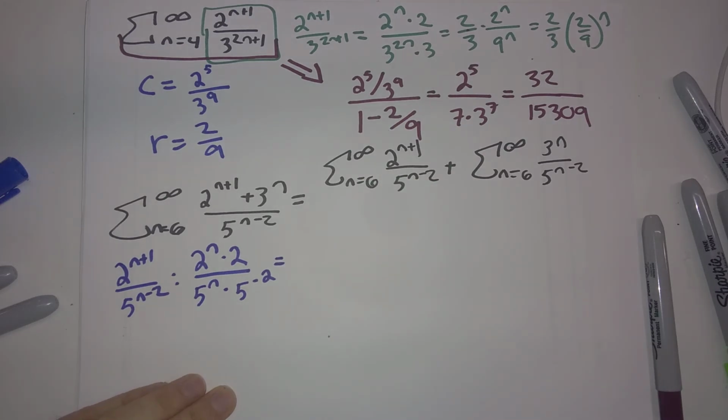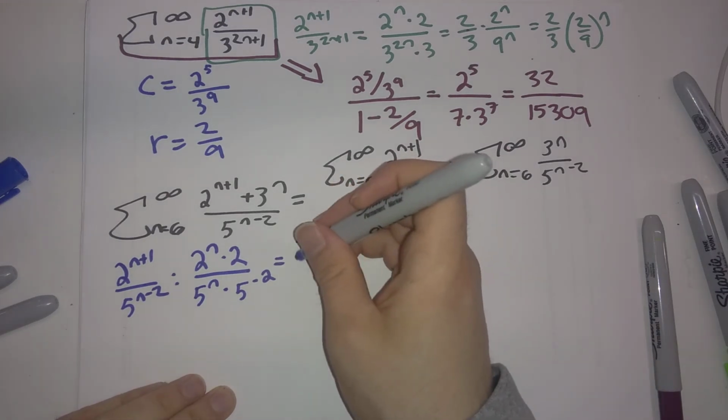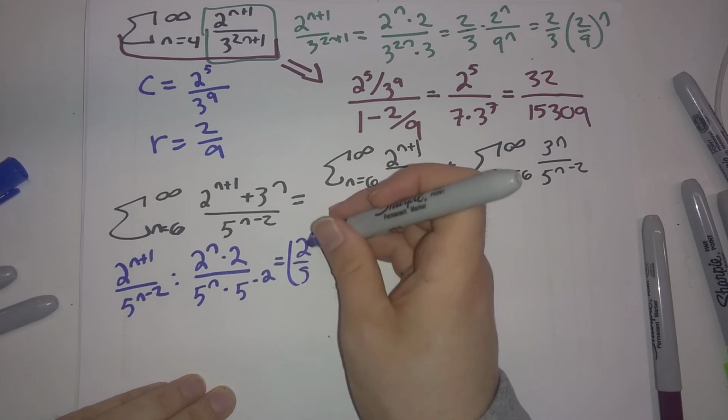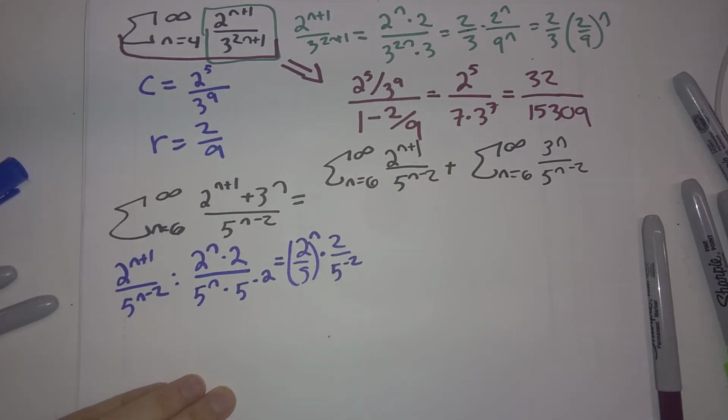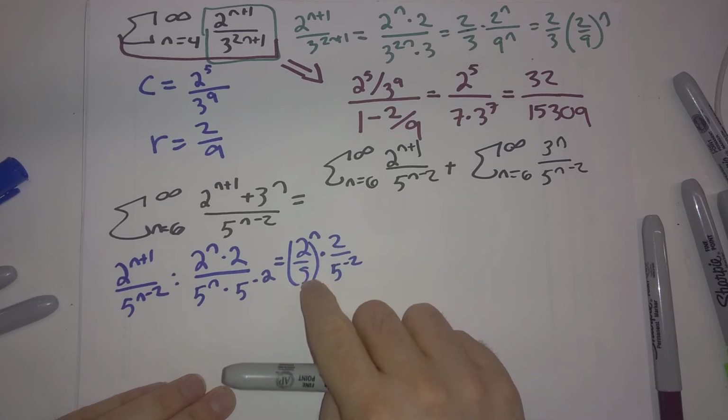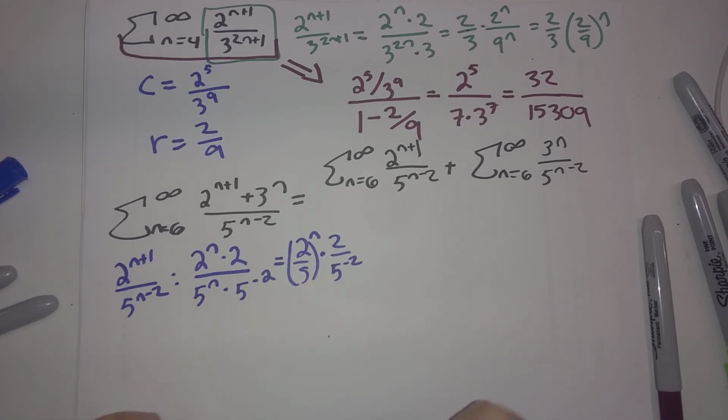And so we end up with 2/5 to the n times 2 over 5 to the minus 2. So this is going to have common ratio 2/5.